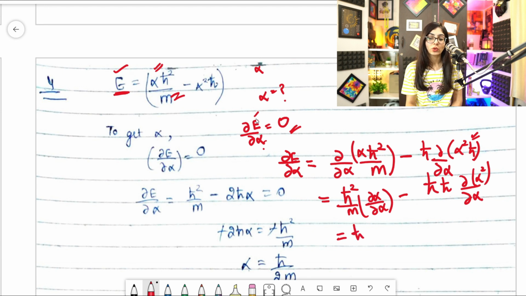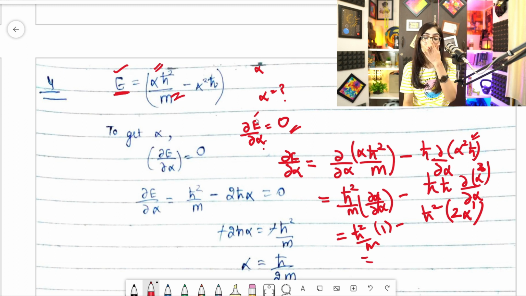So now H cut square by m times 1, minus H cut, and when you differentiate alpha square with respect to alpha, the power 2 comes first and alpha to the power 2 minus 1, so it would be 2 alpha. This was for bio people.